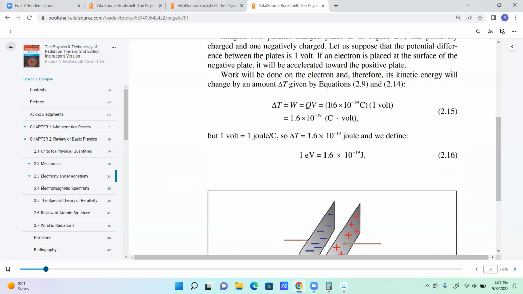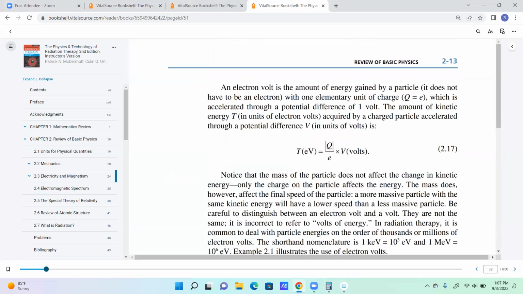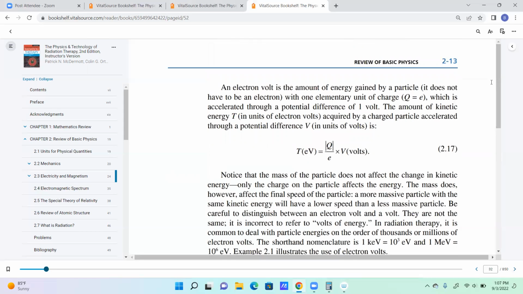Okay, so here we are. The change in energy is equal to W, which is equal to Q times V. Depending on what sort of unit you're looking at, this was volts. Again, we're probably looking at something much smaller than that, which is going to be the electron volt.